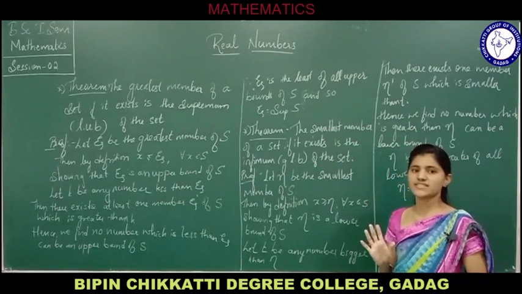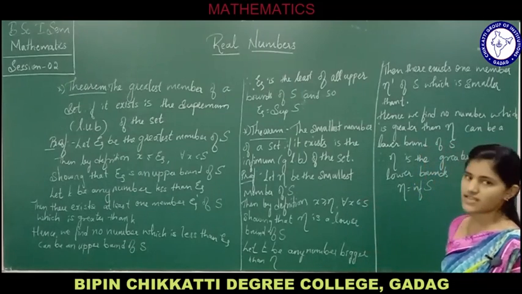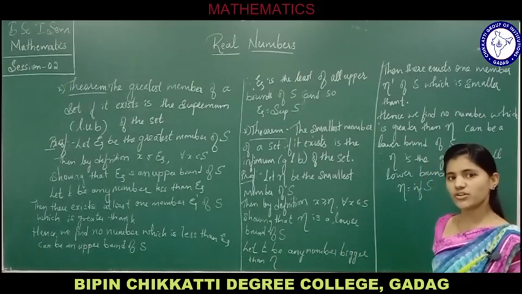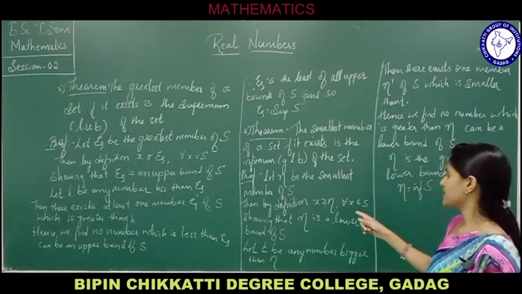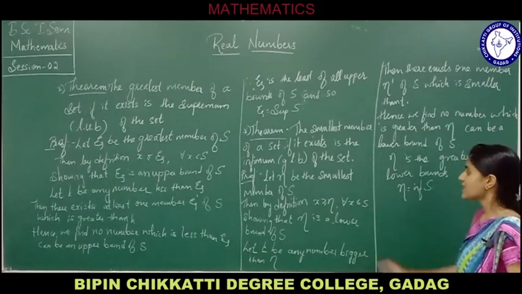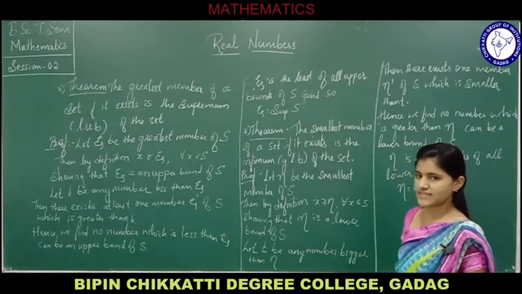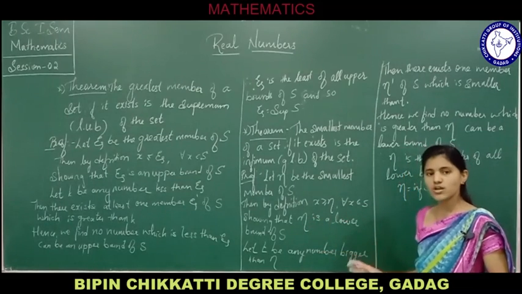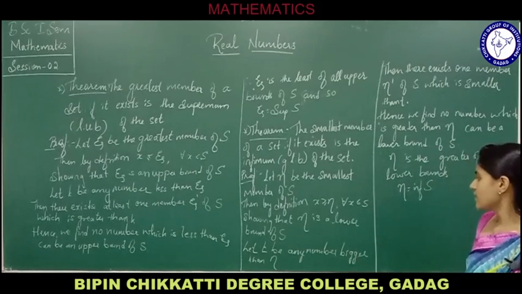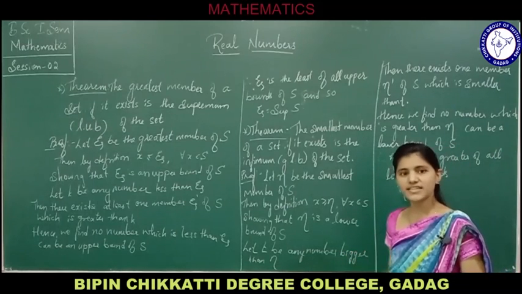We considered eta to be the smallest member of S. Then by definition x is greater than or equal to eta for all x in S, so eta is a lower bound of S. We considered t, a real number bigger than eta.